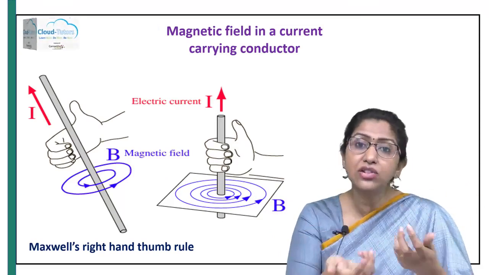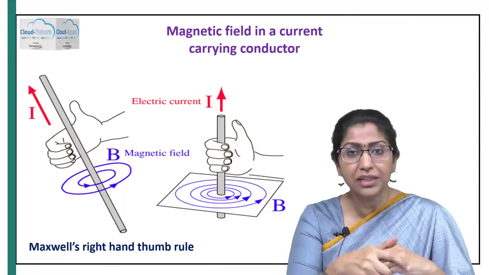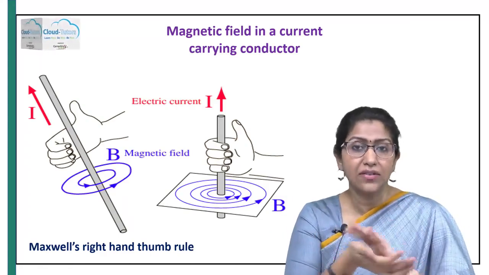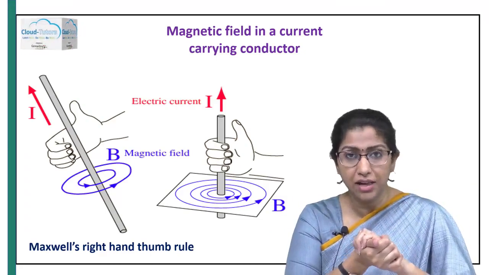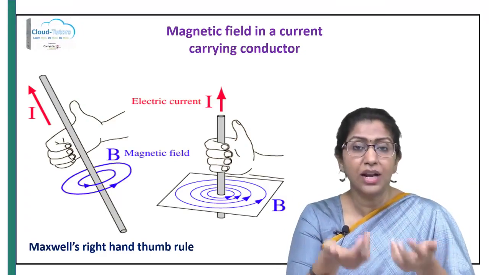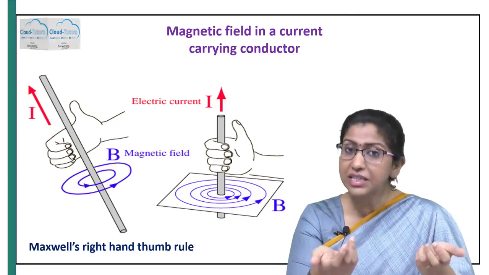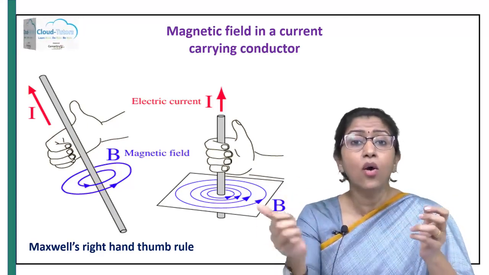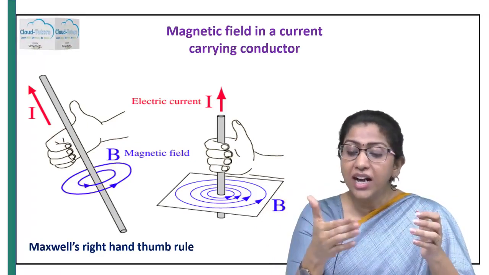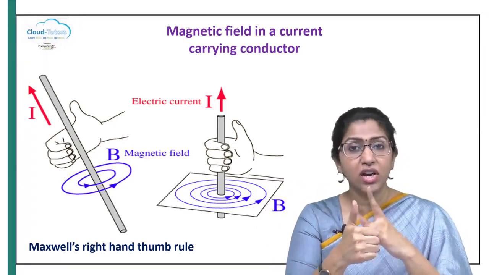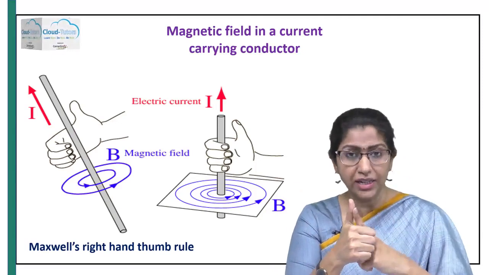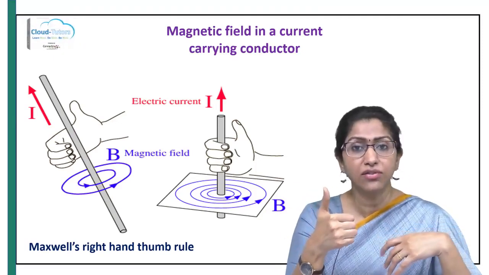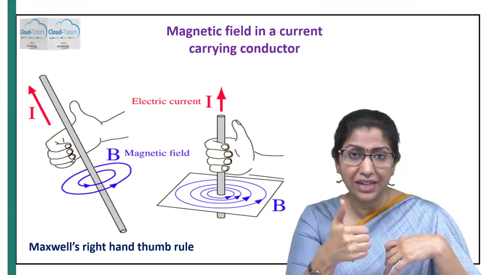So what is the direction of the magnetic field? The pattern of the magnetic field lines in such induced cases is given by Maxwell's right hand thumb rule, as you can see on the screen, and as we discussed in detail in our last session. When we hold a conductor using our right hand and stretch out our thumb in the direction of the current, my curling fingers give us the direction of the induced magnetic field lines.